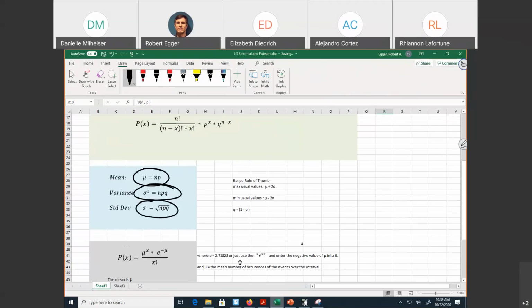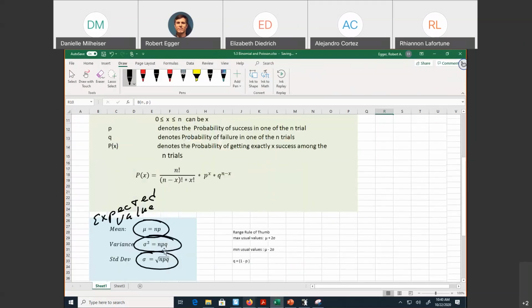I know I have a sample size. I have a probability of something occurring within that sample size. So my mean or expected value, in this case, would just be np.